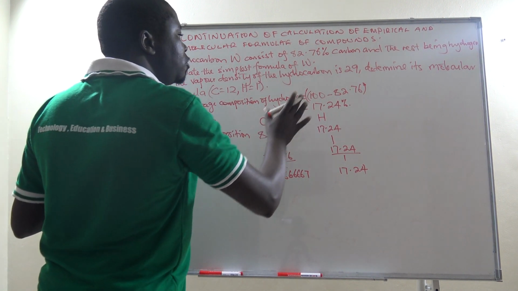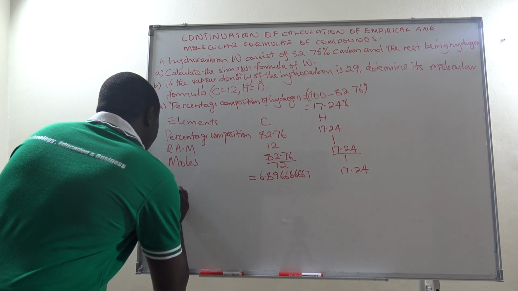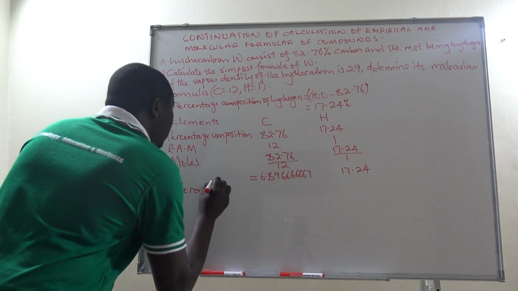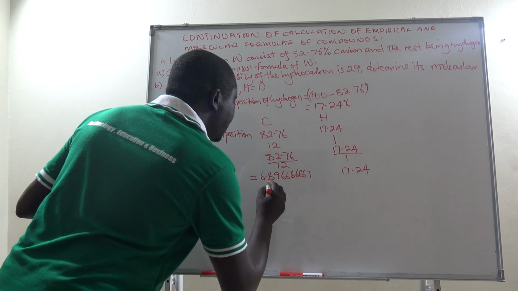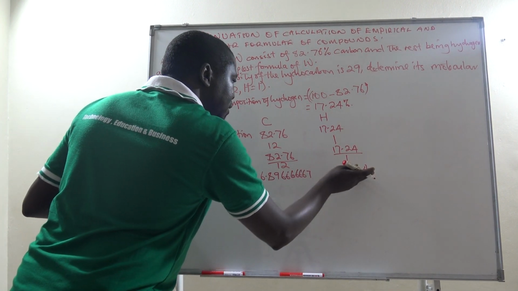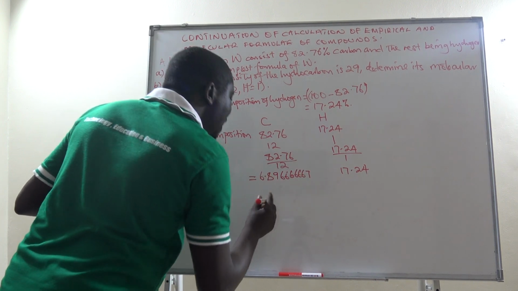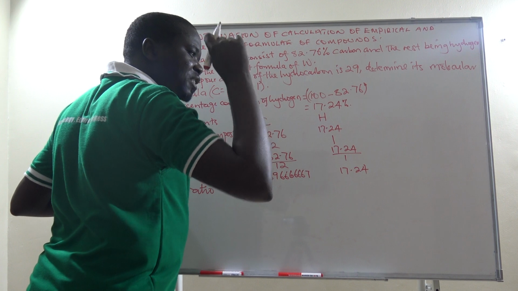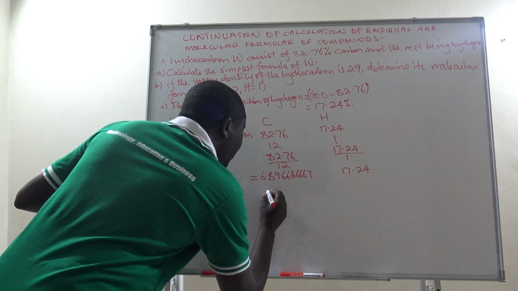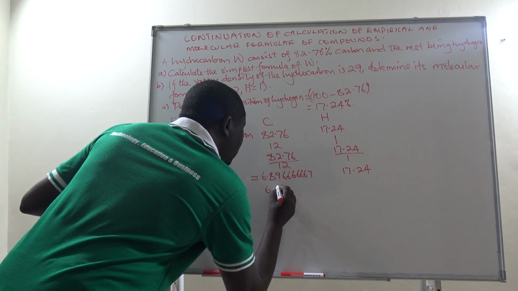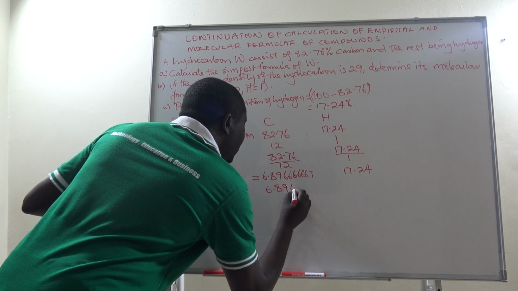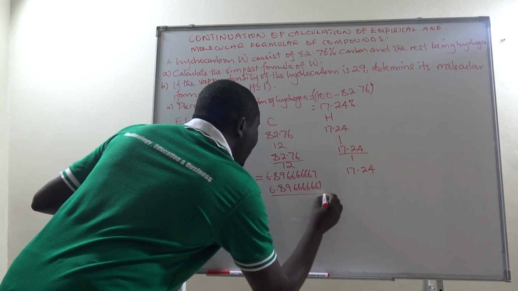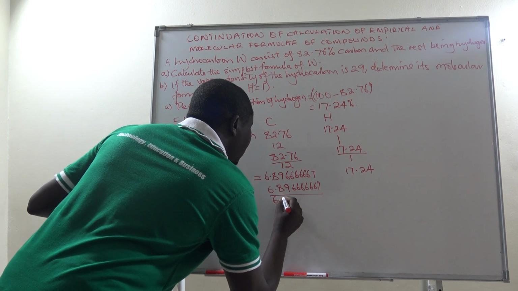Next we are now going to the mole ratio. The mole ratio is got by dividing the two number of moles by the smaller number of moles. If there were 3, we would divide all through by the smallest number of moles. So here we are going to divide by the smaller number of moles. So it is 6.89666667, we divide it by itself.